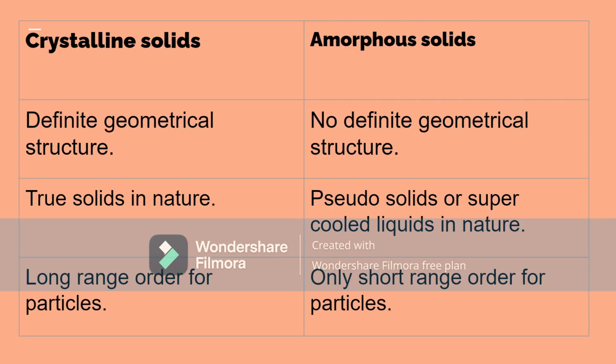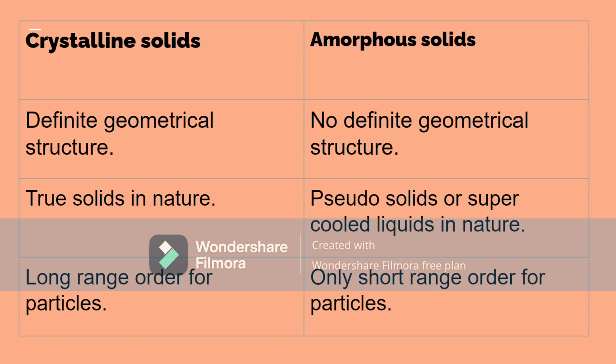Next, we will discuss the differences between crystalline and amorphous solids. This is a chart discussing crystalline and amorphous solids. If you take the structure of the solids, crystalline solids have a definite geometrical structure, whereas amorphous solids have no definite geometrical structure.